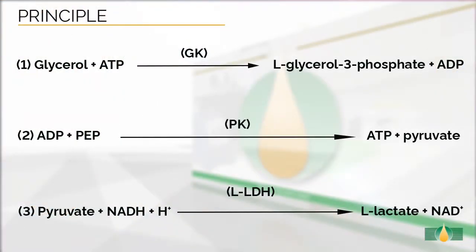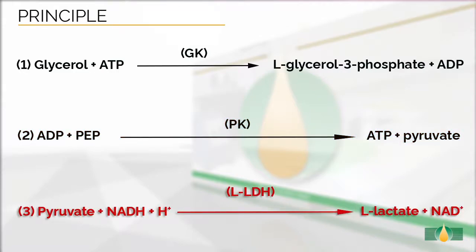The principle of the enzymatic reactions involved in the measurement of glycerol is shown in this figure. Glycerol is phosphorylated by ATP in the presence of glycerokinase. The ADP formed in the reaction is reconverted by PEP with the aid of pyruvate kinase into ATP with the formation of pyruvate.